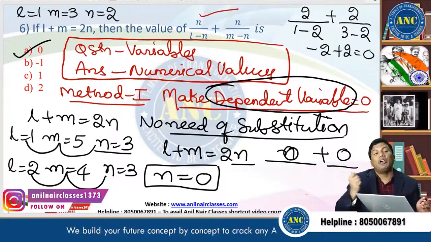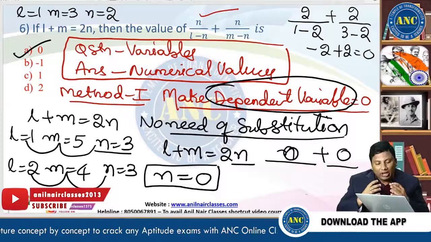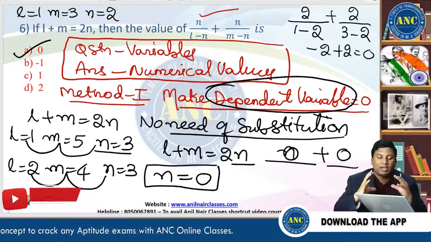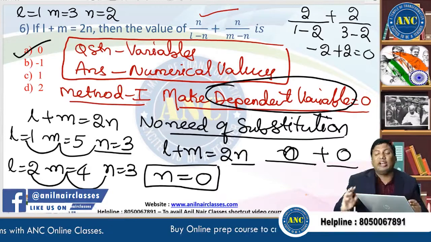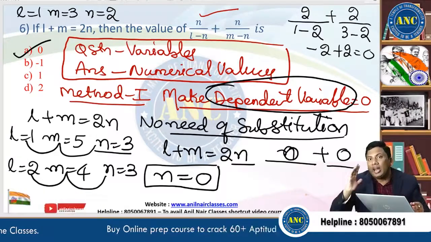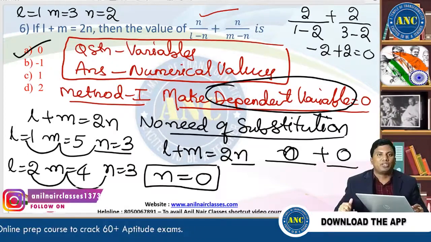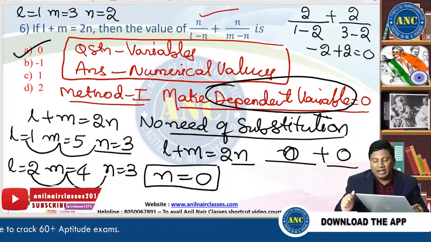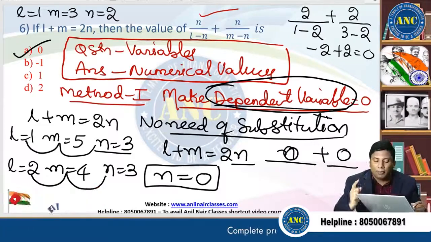Why do I want to waste my ink and start substituting when I know that L plus M equals 2n? That means n value is totally dependent on L and M, or in other words, L and M are independent variables. N is a dependent variable. Make dependent variable 0.